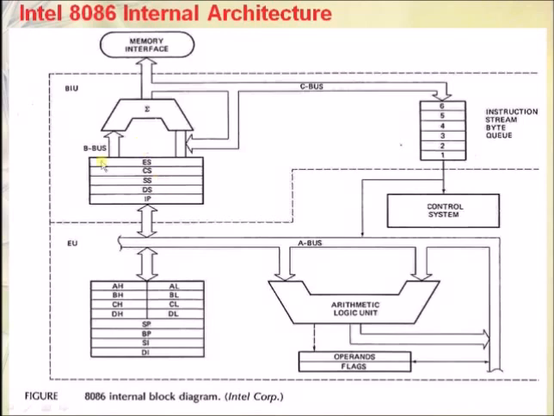Then the physical address is calculated by this summer or adder. What do we mean by physical address? Physical address is the exact location where the operand actually resides. By adding the segment registers along with the pointer as well as index registers, this adder produces the physical address.